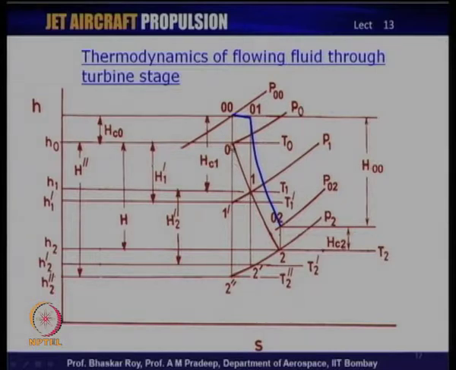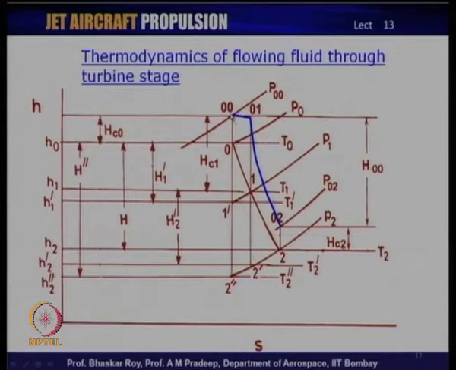So, it has moved from 0 to 1 on the static map. So, 0 1 2 is your static head Hs diagram. We are now showing the Hs diagram, which as we have discussed before is similar to the Ts diagram. And so, we have moved from 0 to 1 to 2 on static parameter.